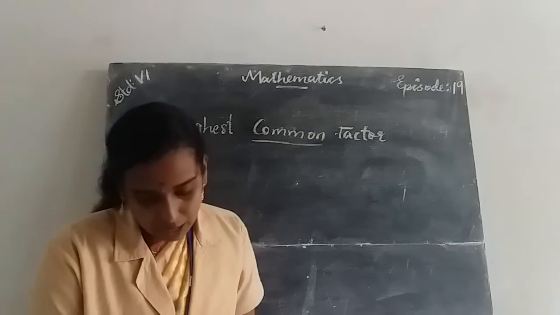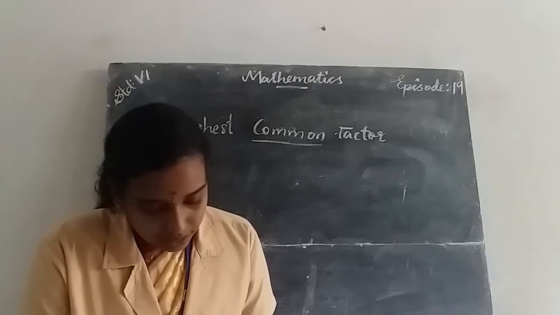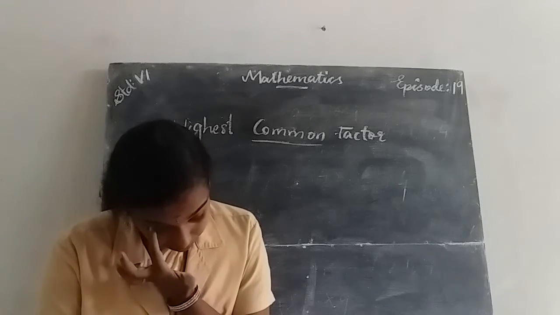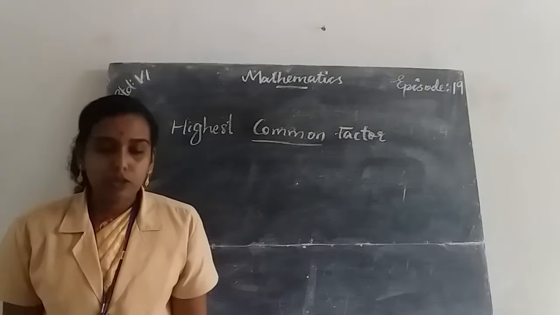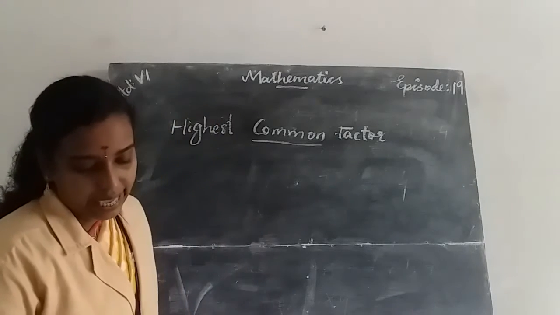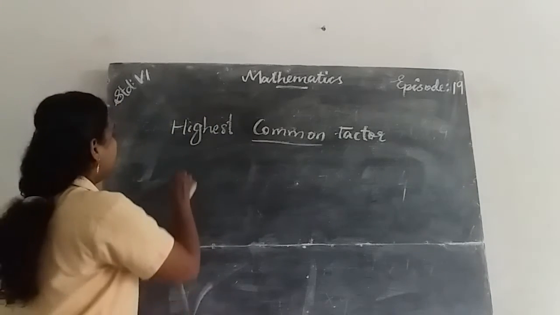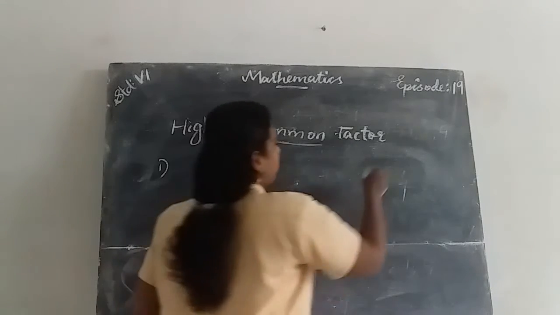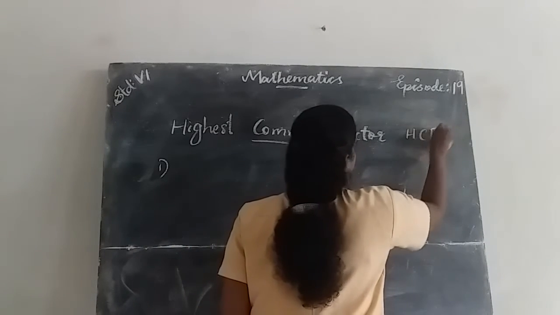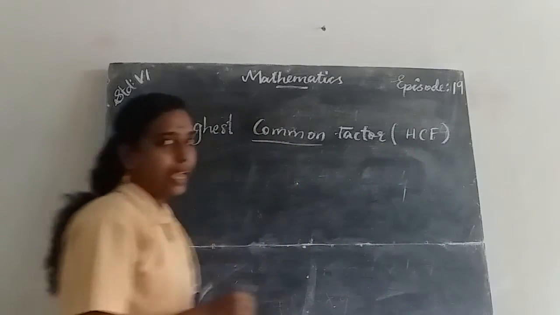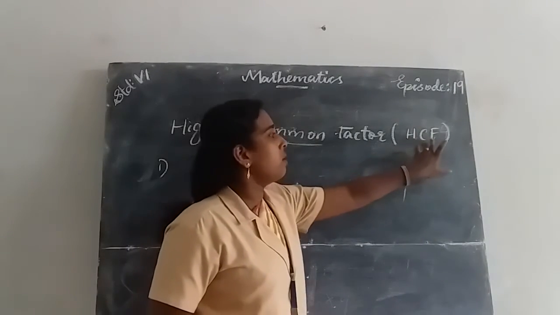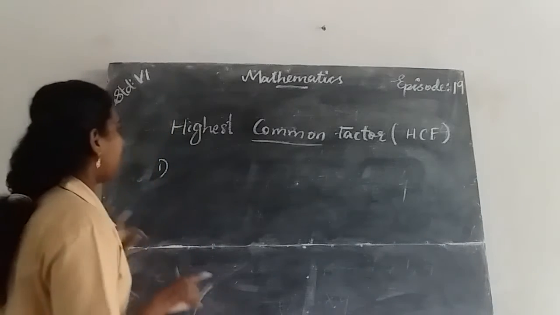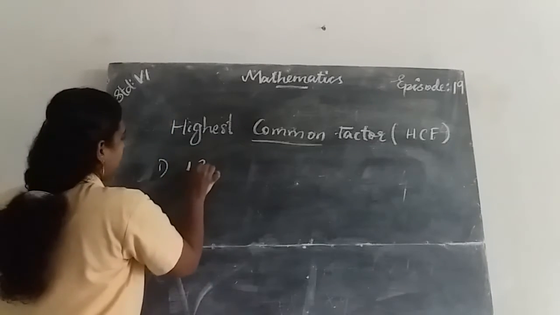For example, we take any 2 or 3 numbers. If we take 12 and 6, okay, find the highest common factor. The highest common factor is written as HCF.